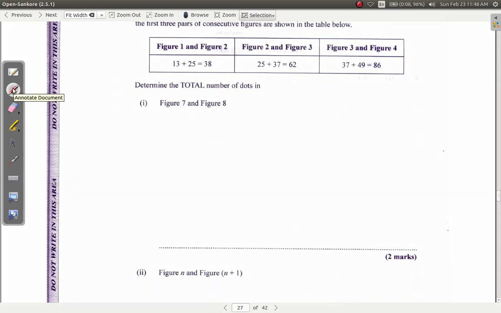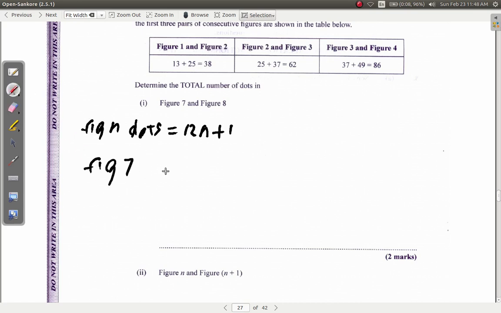So the number of dots in figure n is 12n plus 1. Now, the number of dots in figure 7: figure 7 would have 12 by 7 plus 1 dots. And then figure 8 would have 12 by 8 plus 1 dots.